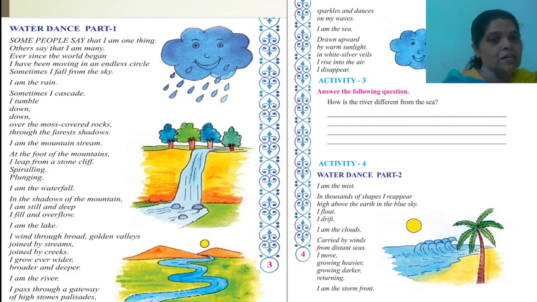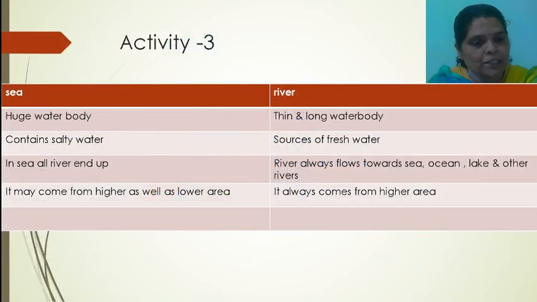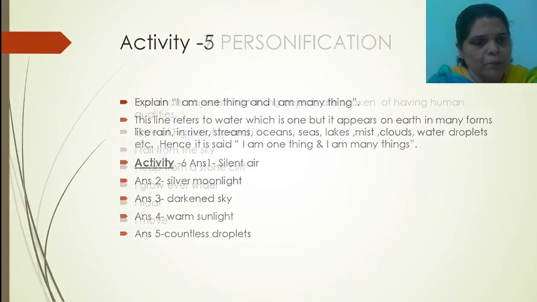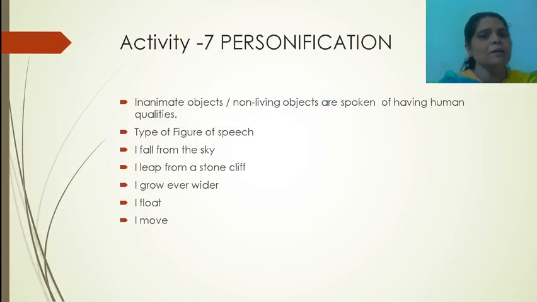These are all qualities of a human being, so these are all personification. What is it called? It is called personification. So let us see what personification is. Personification is when inanimate or non-living objects are spoken of as having human qualities. जब हम लोग उनके बारे में बोलते हैं जैसे कि उनके पास कोई human qualities है.